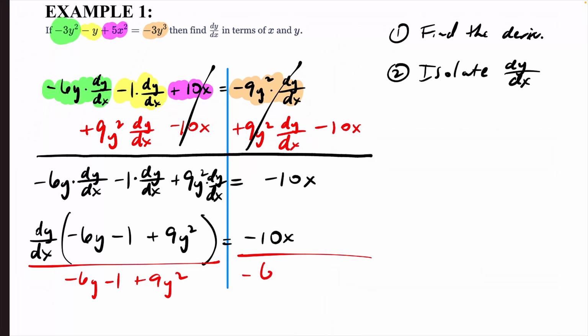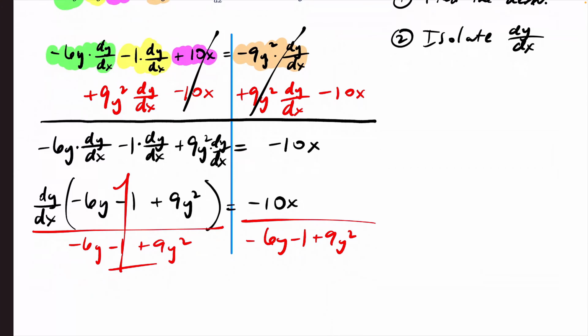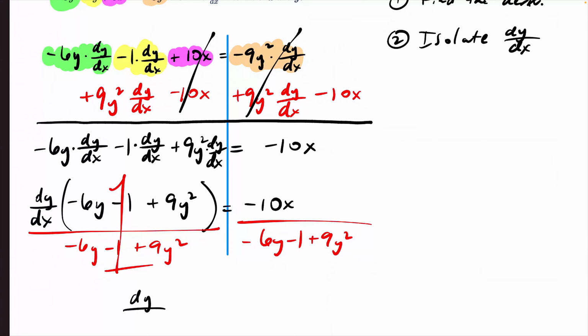Anything divided by itself just becomes a positive 1. So now I have dy over dx equals negative 10x over negative 6y minus 1 plus 9y squared. You're done.